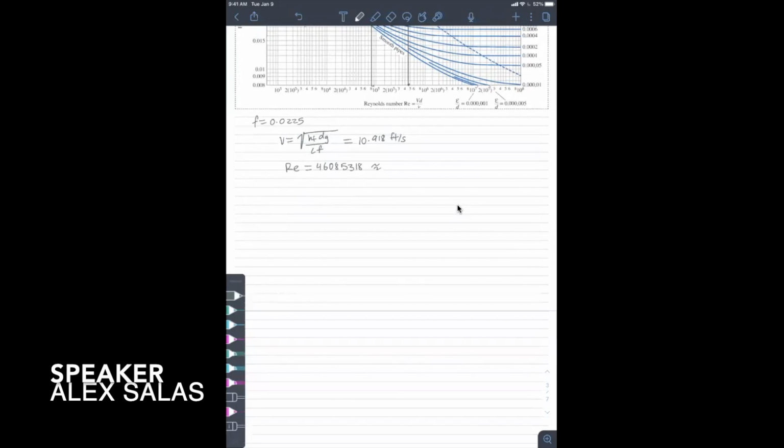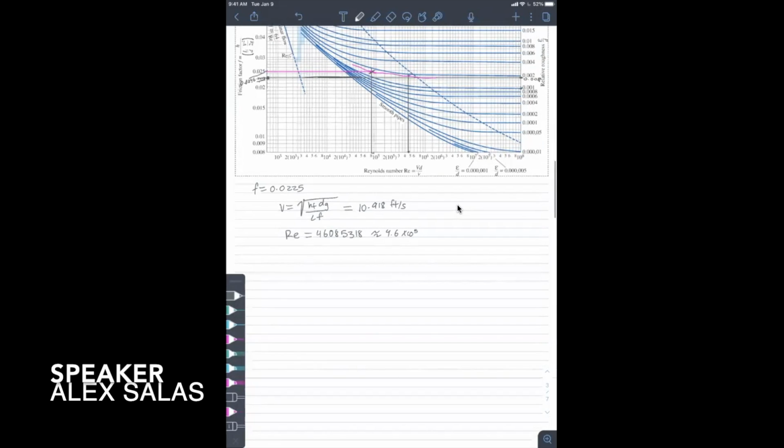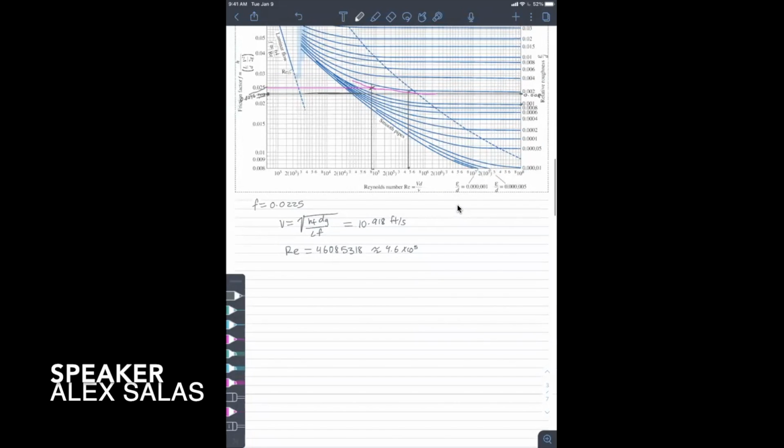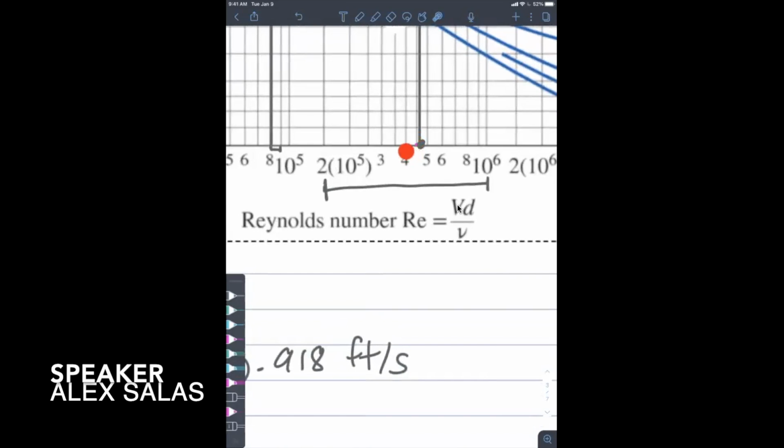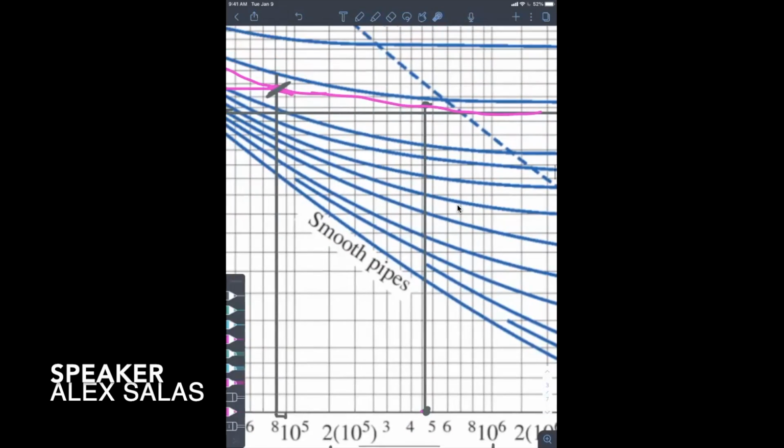I'm just going to say that's about 4.6 times 10 to the 5th. So now we go to the axis for Reynolds number. We're looking at the portion that's the 10 to the 5th. And this is where I plotted my 4.6 times 10 to the 5th. If you look closely, this is about 4.5 where that little pink dot is. This is what I'm estimating to be about 4.6.